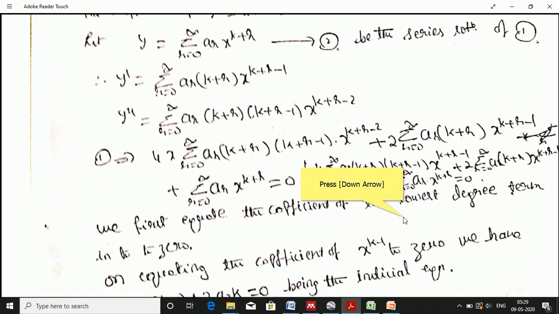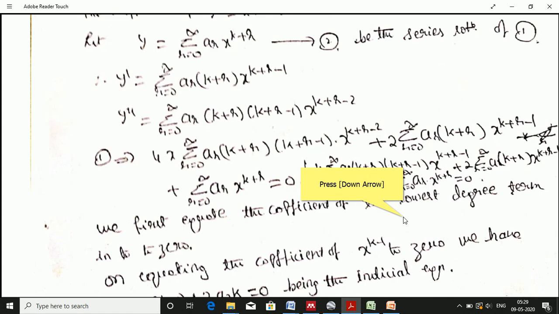And take x inside in the first term: 4 times sigma r equal to 0 to infinity ar into k plus r into k plus r minus 1 into x to the power of k plus r minus 1, plus 2 times sigma r equal to 0 to infinity ar into k plus r into x to the power of k plus r minus 1, plus sigma r equal to 0 to infinity ar into x to the power of k plus r, equal to 0.